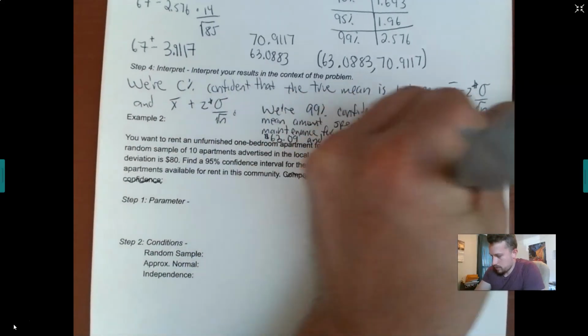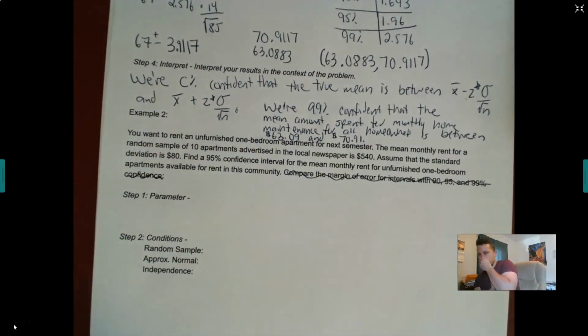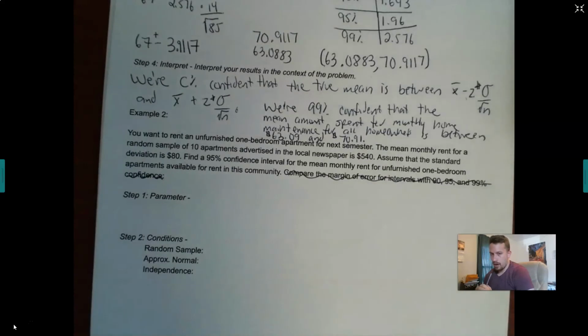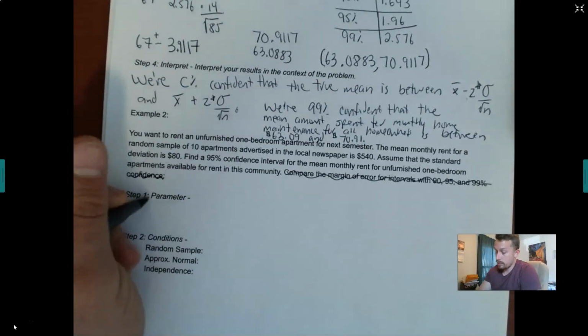Let's get rid of that. So the parameter. So what we want is, in this entire community, the mean monthly rent for an unfurnished 1-bedroom apartment. And we have a sample of 10. So the parameter would be the population mean.